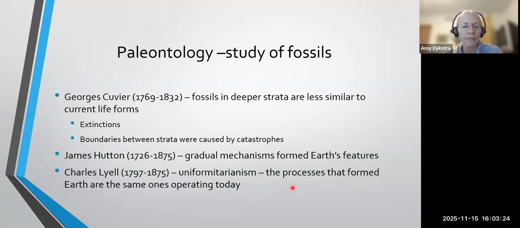And by young and old, I would say young would be, say, 6,000 to 10,000 years old. Old would be like millions or billions of years. So very, very old.